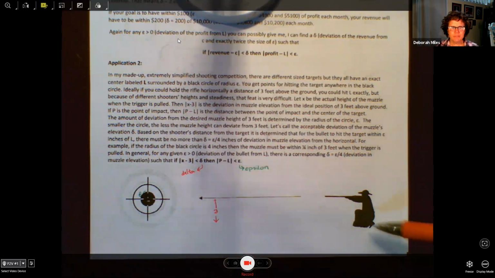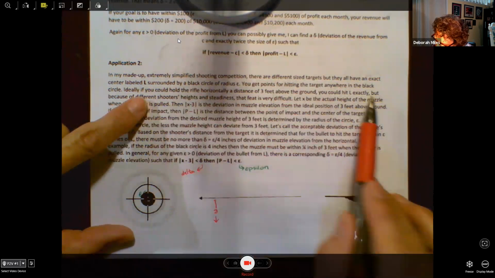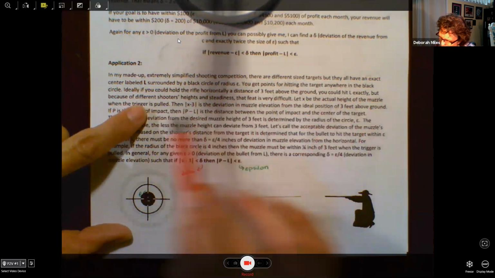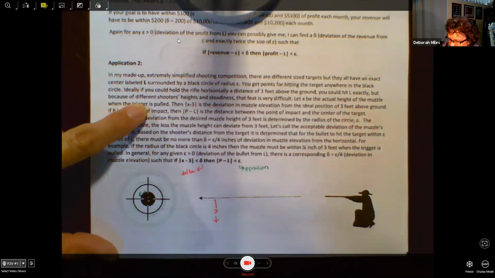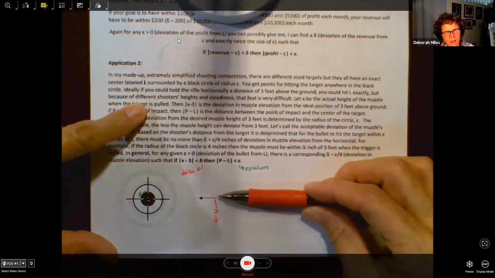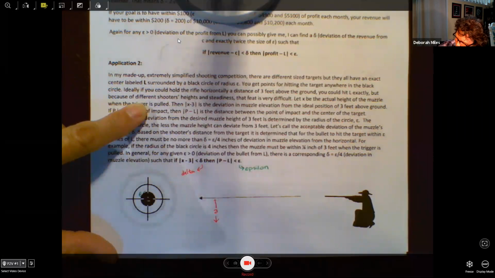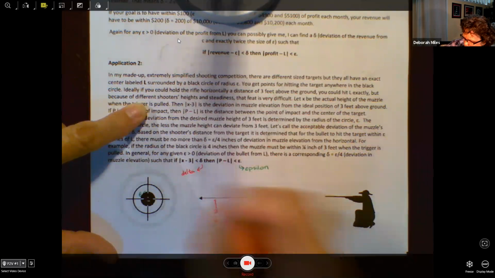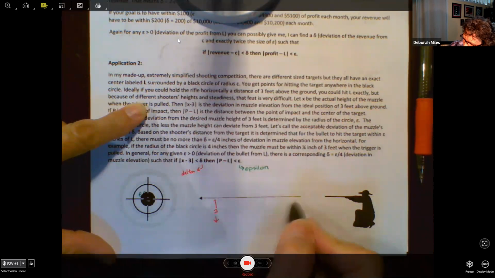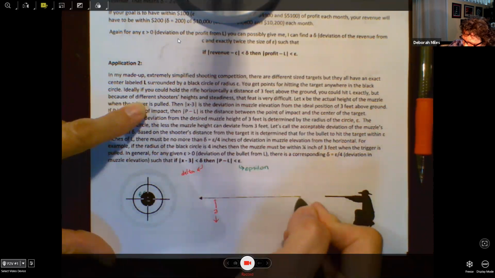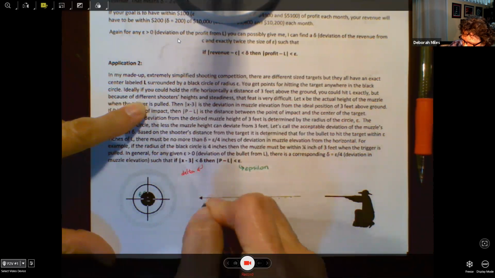But because of different shooters' height and steadiness, it's very hard to hold that level with no wiggling at all. So let's say that this shooter, instead of being exactly 3 feet above the ground, he or she deviates from that the tiniest bit.